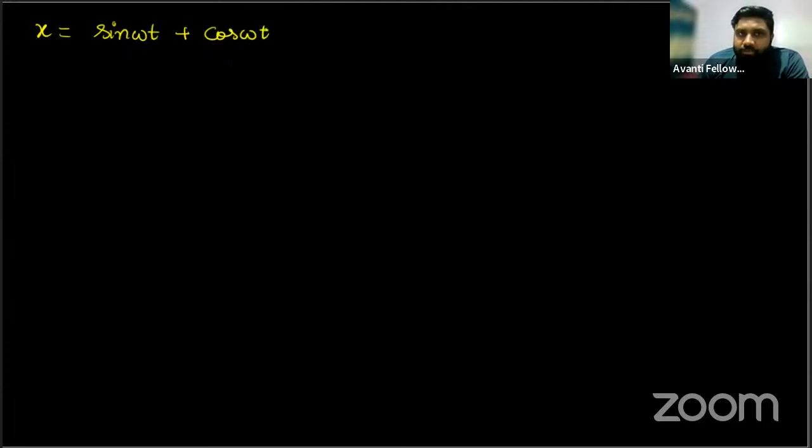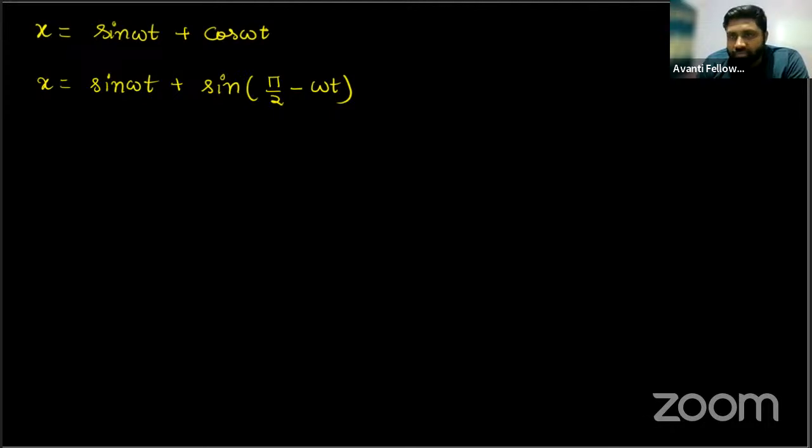We need to convert it into either sine or cos. There are two methods. Either you can write cos omega t as sin of pi by 2 minus omega t. Got it? Because sin of pi by 2 minus omega t, which is in the first quadrant, with 90 degrees in front, converts into cos, so you get cos omega t.